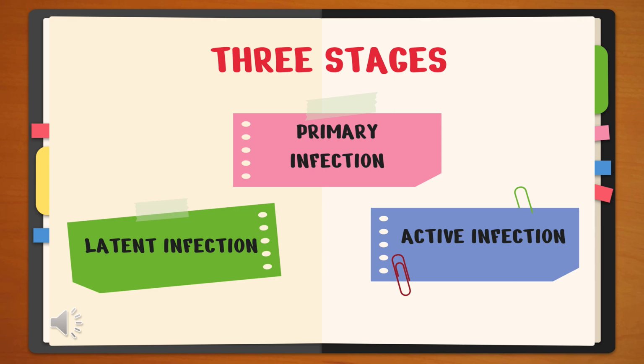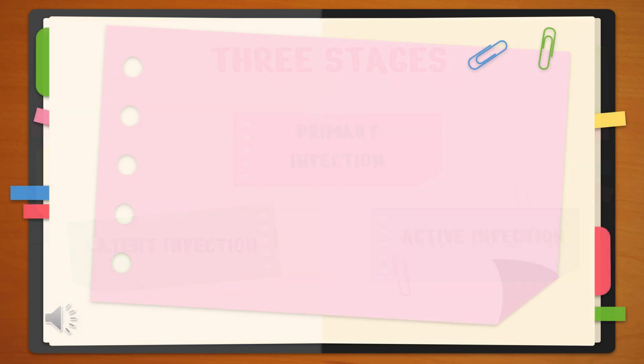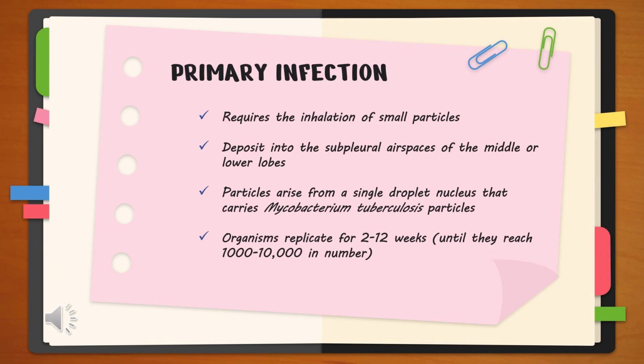Tuberculosis occurs in 3 stages: primary infection, latent infection, then active infection. Primary infection requires the inhalation of particles small enough to travel to and penetrate the upper respiratory defenses, and then deposit into the subpleural air spaces of the middle or lower lobes.